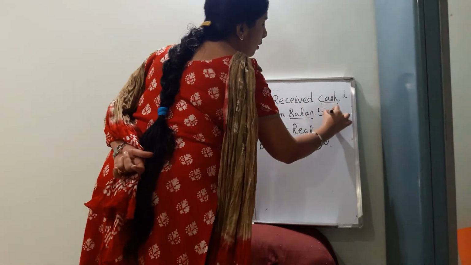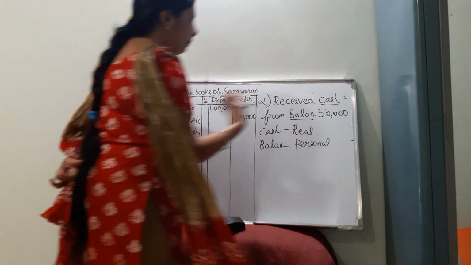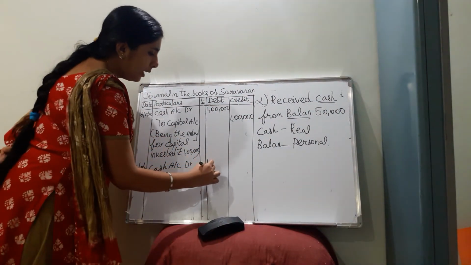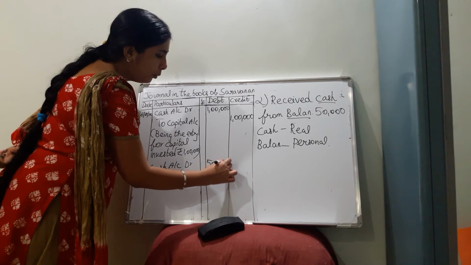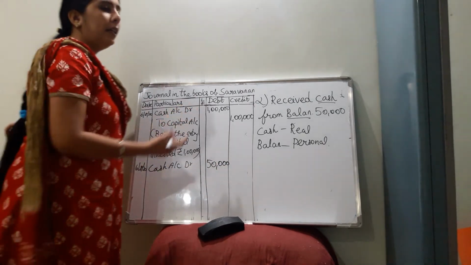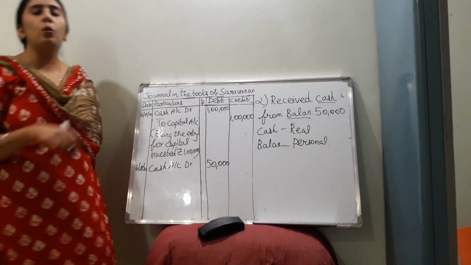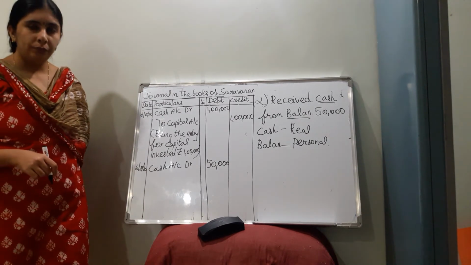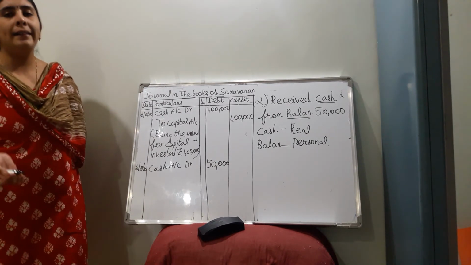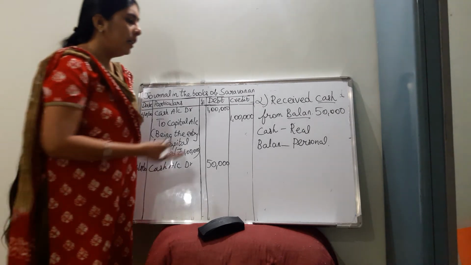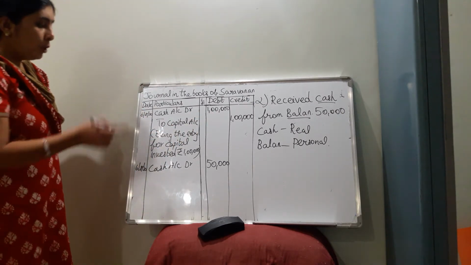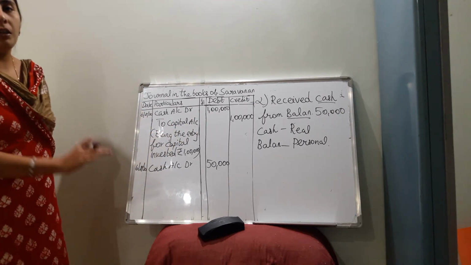I have not mentioned the amount, maybe say 50,000. So cash comes into the business. Debit what comes in. Okay, who is the giver? Balan. What is the rule for personal account? Debit the receiver, credit the giver. Who is the giver here? Balan is the giver. So he is giving it to Saravanan's business.